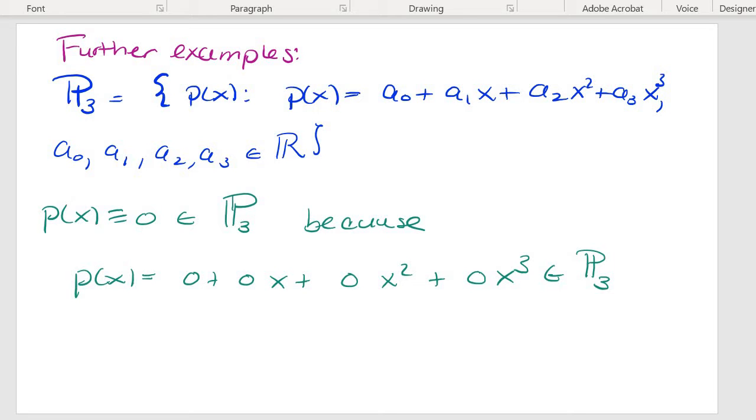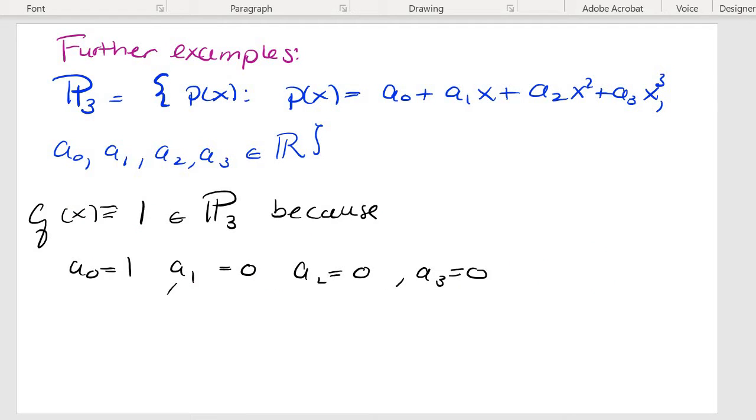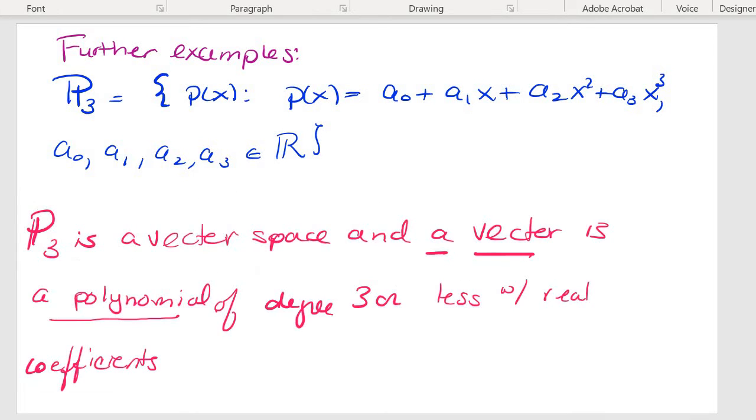The zero polynomial is in there because I can just set all those coefficients to 0. Constant polynomials are in there. 0 is a constant, but if I wanted another constant, I could put in a constant and set all the other ones to 0.